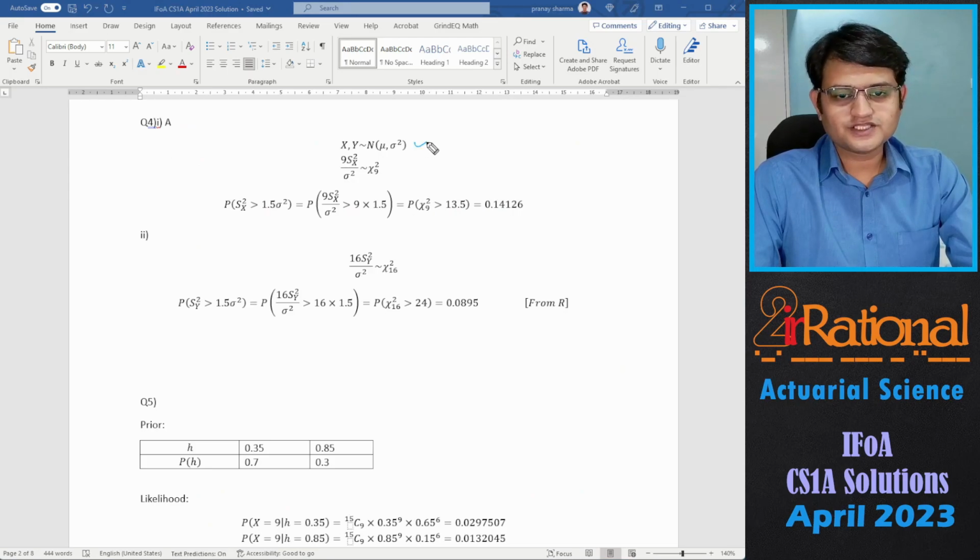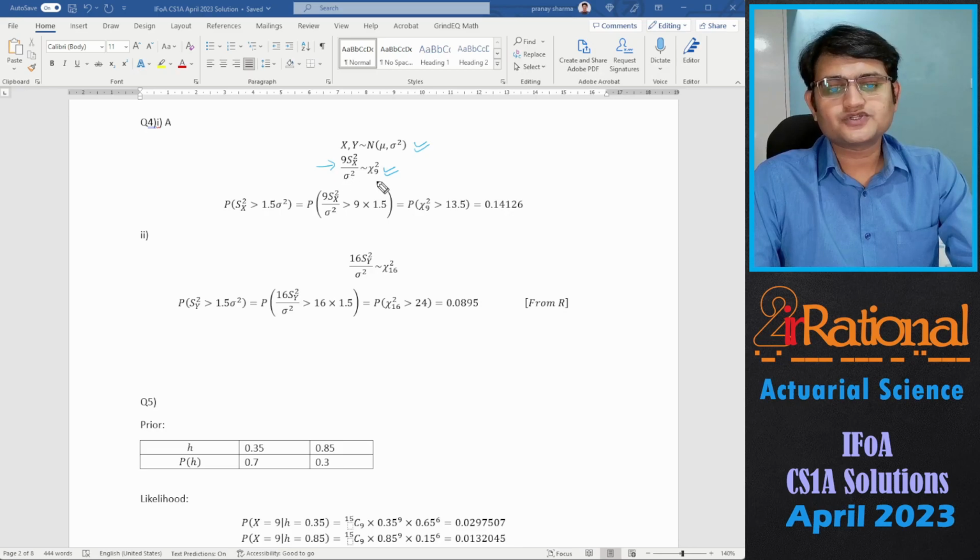So because X and Y both follow a normal distribution, (n minus 1) S square by sigma square would follow chi square n minus 1. And because X had n as 10, we get 9 S square X by sigma square follows chi square 9. So accordingly, we'll say probability S square X greater than 1.5 sigma square.